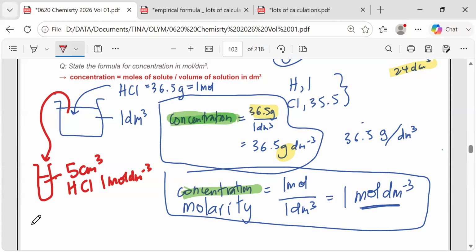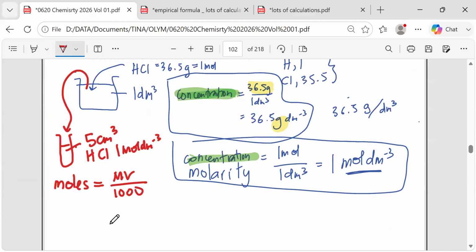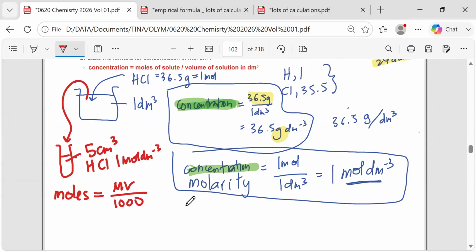So here comes the last formula. Amount of moles is MV over 1000. A lot of books also write CV, C for concentration, but I prefer to use MV because M is for molarity. Same concept, it's exactly the same.